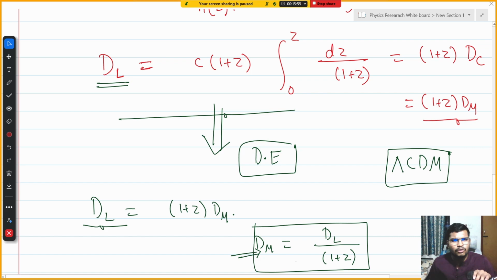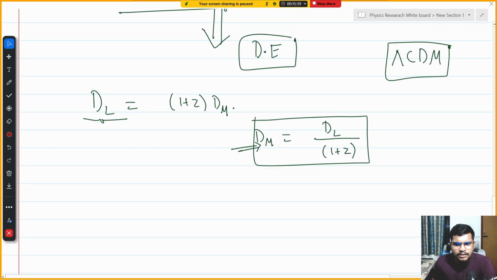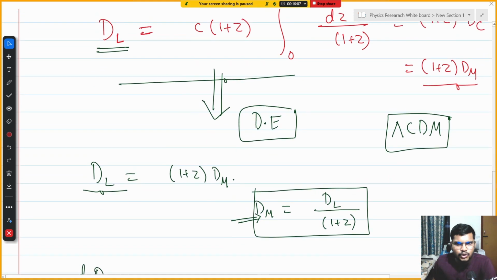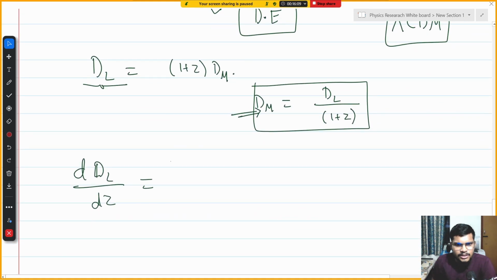Now I had already shown you, in my previous video, how you can convert this dL. I can just take d of dL over dz, and use the chain rule to deal with this equation. So c into (1 plus z) times the integral from 0 to z of dz over H of z, and then c of (1 plus z).